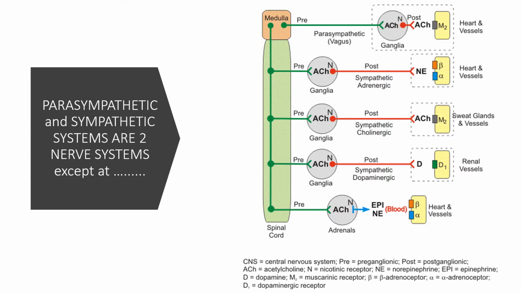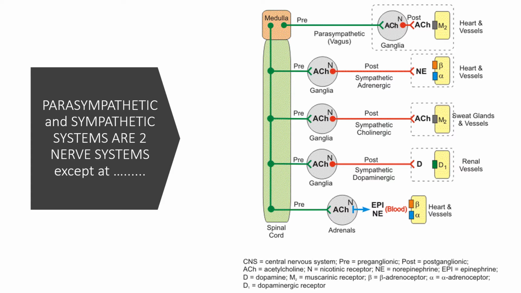And I wouldn't get too worked up about nicotinic receptors at the ganglion. It's just for you to know that there are two different types of receptors. And by the way, the nicotinic receptors at the ganglia are in the parasympathetic and sympathetic system.